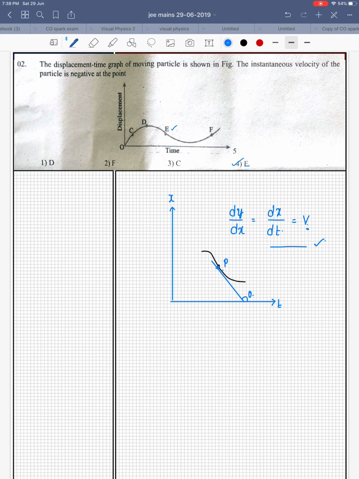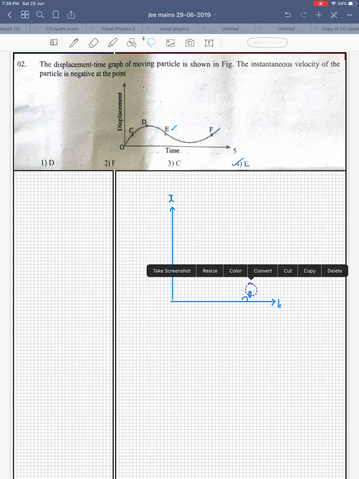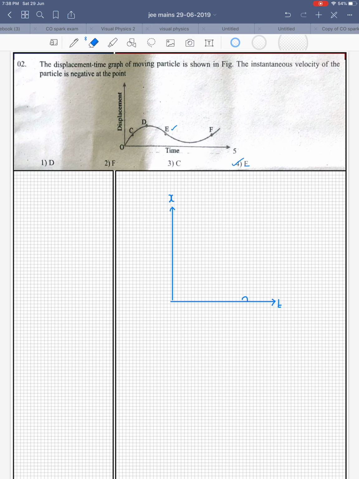So in our figure, if you see the graph, it's given like this.